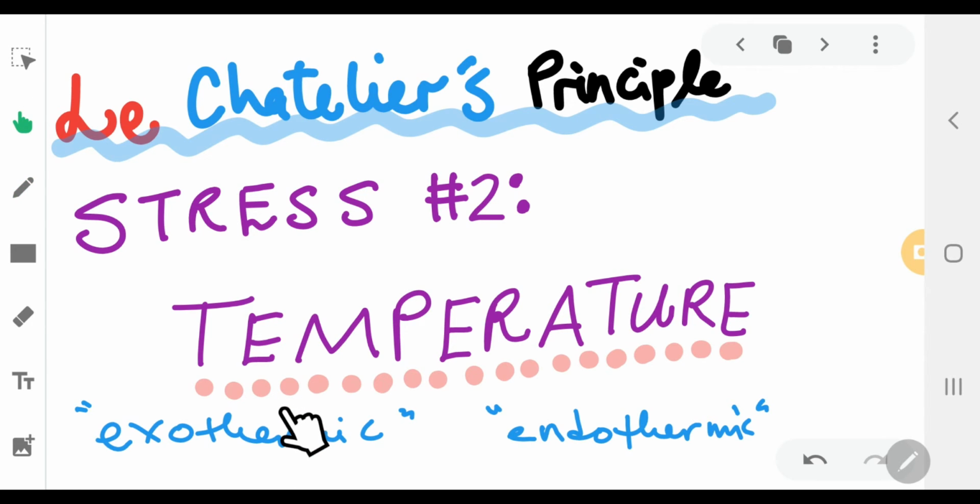Exothermic simply means you are releasing heat, so when the reaction happens, the forward reaction will release heat. Endothermic, on the other hand, is more towards absorbing heat in order to produce the product for the forward reaction. So essentially, exothermic is just the opposite of endothermic and vice versa.